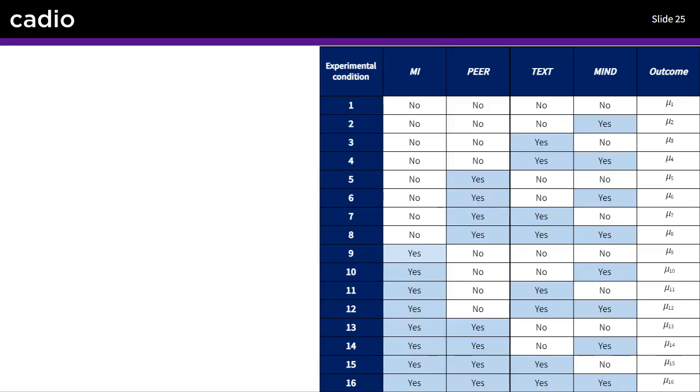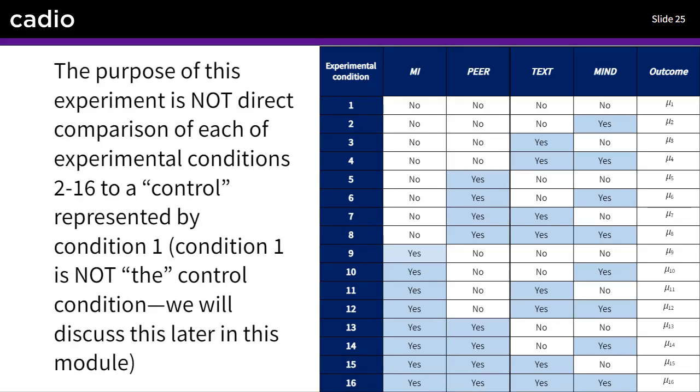The way effects are defined in a factorial experiment has some implications that are worth noting. Whereas the objective of an ERCT is direct comparison of the means of experimental conditions, the purpose of a factorial experiment is not direct comparison of any pair or subset of the experimental conditions. In a factorial experiment, the effect estimates are based, as we illustrated, on the means of combinations of experimental conditions.